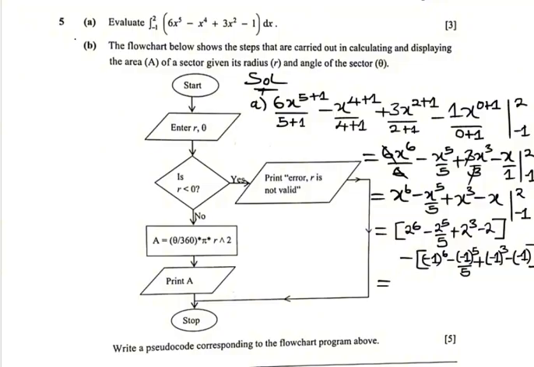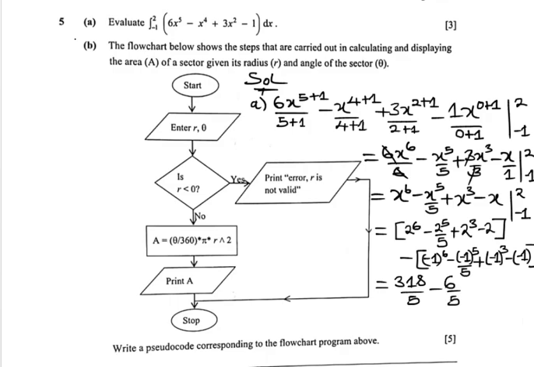This is subtracted from the next substitution, -1: (-1)^6 minus (-1)^5 over 5, plus (-1)^3, minus (-1), which gives 6 over 5. So minus 6 over 5.